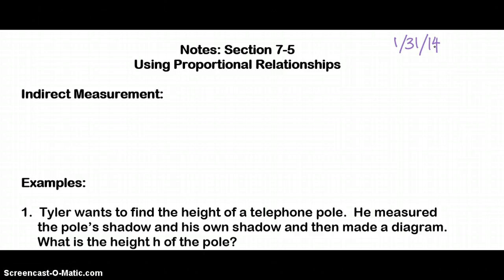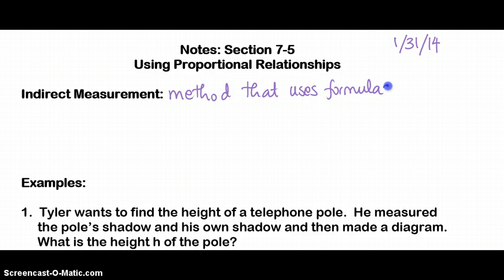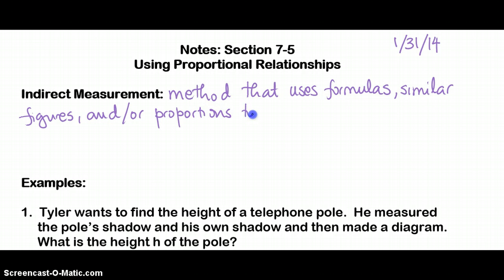So the definition of indirect measurement is it's a method that uses formulas, similar figures, and/or proportions to measure objects.